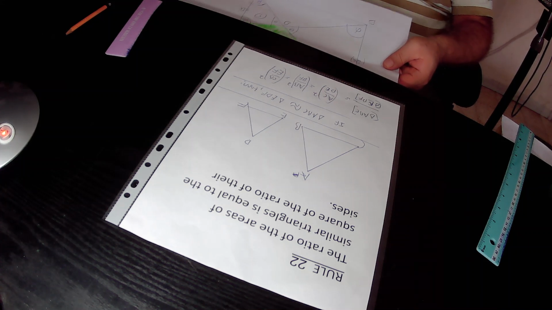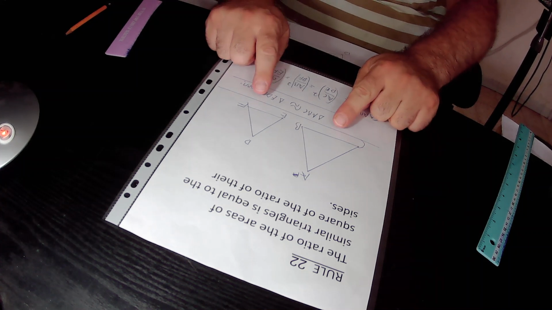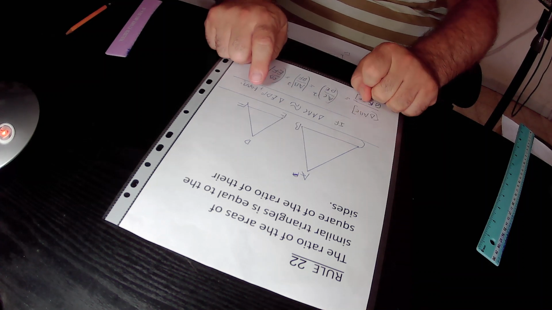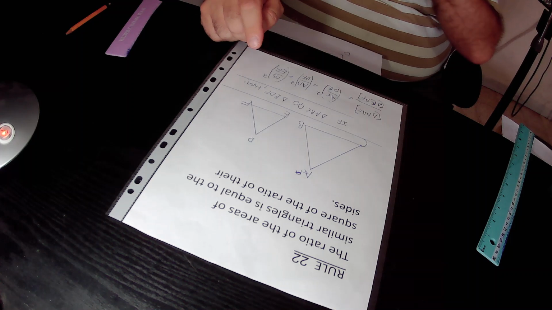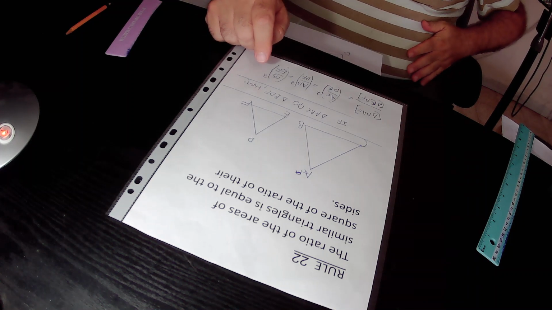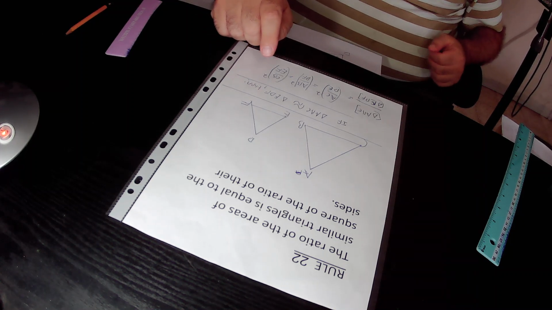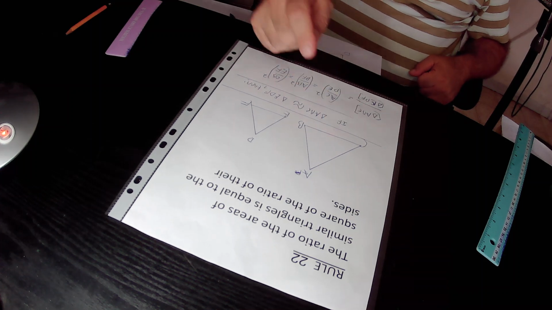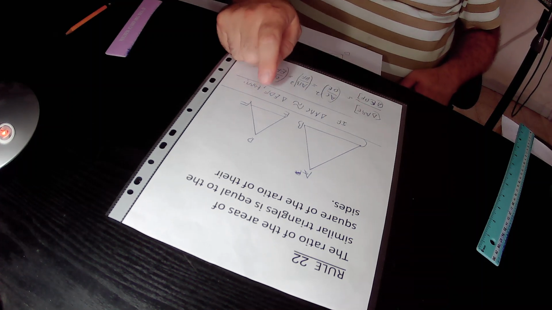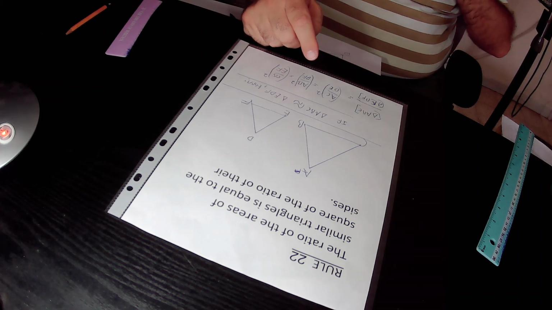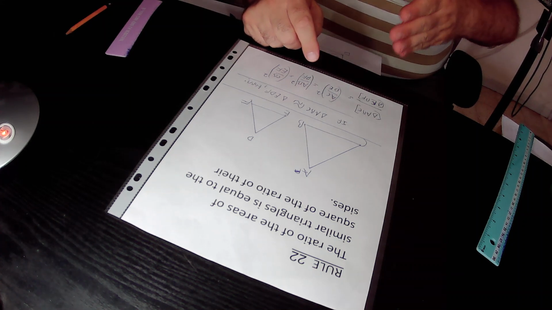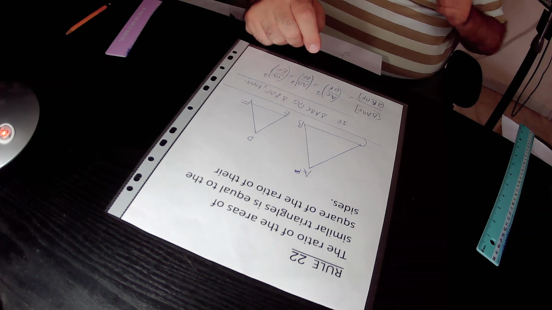So in the drawing we have those two triangles, triangle ABC and triangle DEF. Those two triangles are similar to each other, and therefore the area of triangle ABC over the area of triangle DEF is equal to the square of the ratio of their corresponding sides.